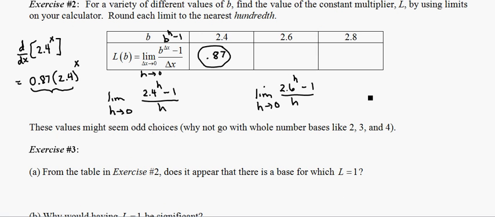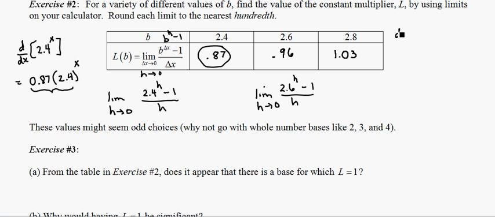So now let's get to why I chose these weird values like 2.4, 2.6, and 2.8. What I'd like you to do is pause your video right now, come up with these values by just going back into the y equals and changing the 2.4 to a 2.6 and a 2.8. See what you get. Alright, I'm not going to go through the calculator on both because I want to save us some time, but we get 0.96 and 1.03.